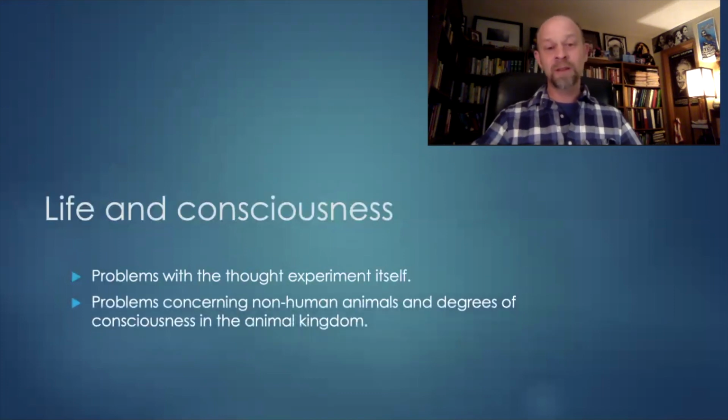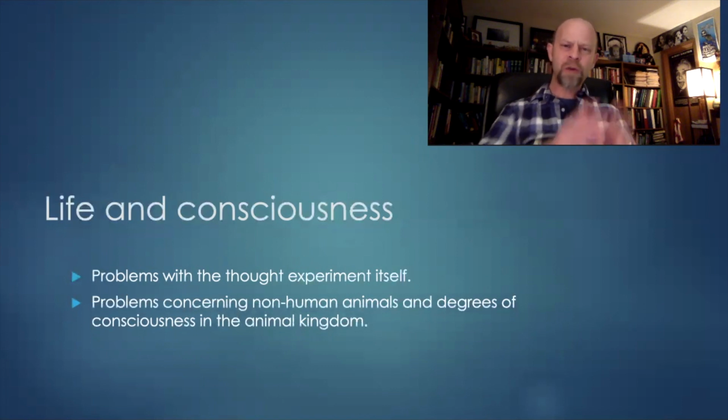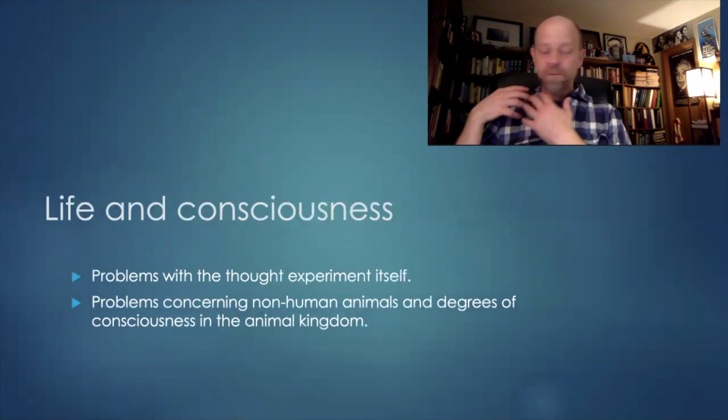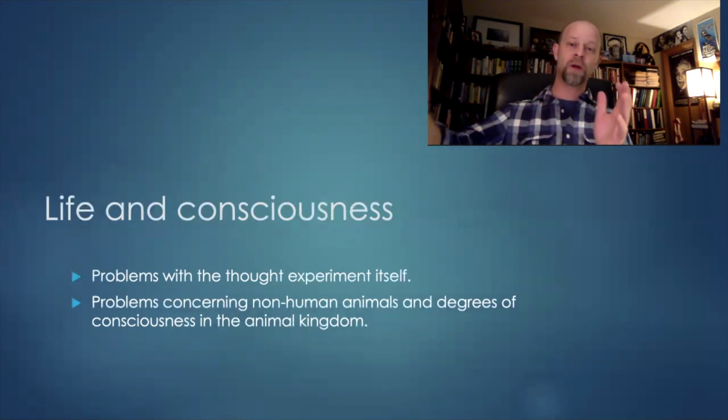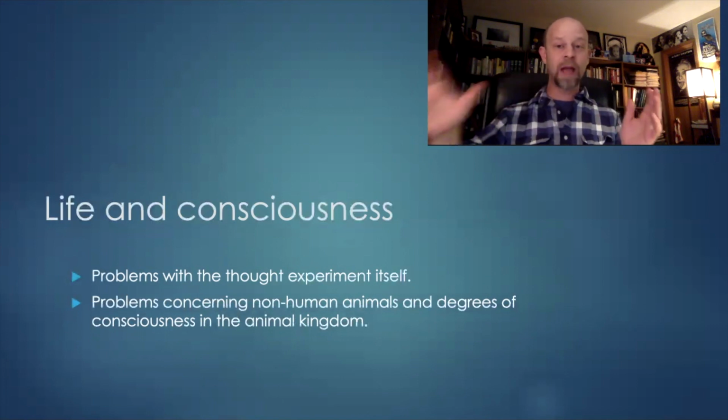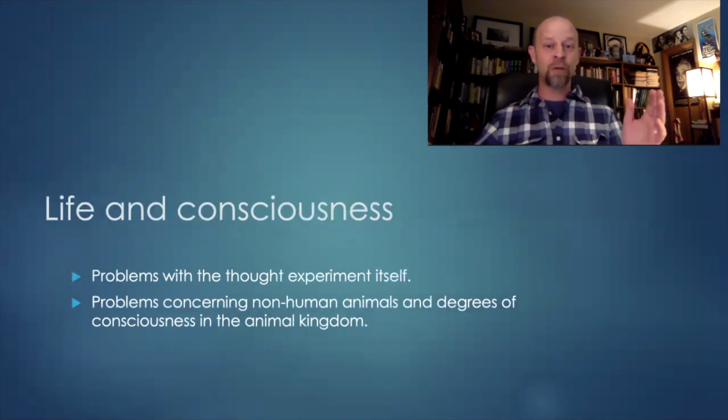You also might think that there are problems concerning non-human animals. Where do we draw the line? Where's the degree between the kind of consciousness that we enjoy and the kind of consciousness that other non-human animals enjoy? The phylogenetic tree, if you will, is full of different levels or degrees of consciousness. Maybe an ape or a chimpanzee has a certain level of consciousness.